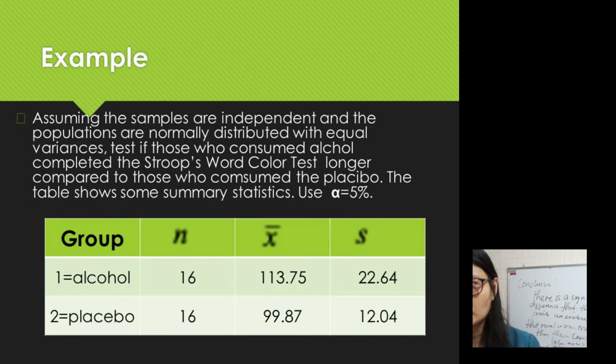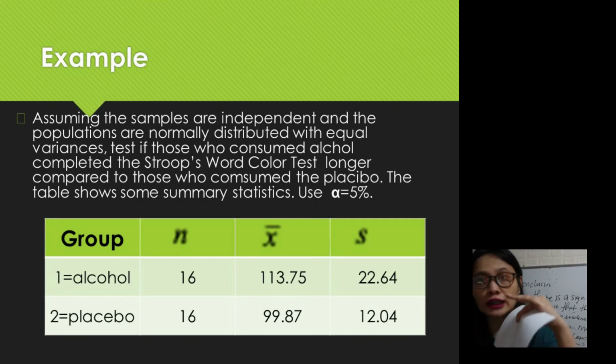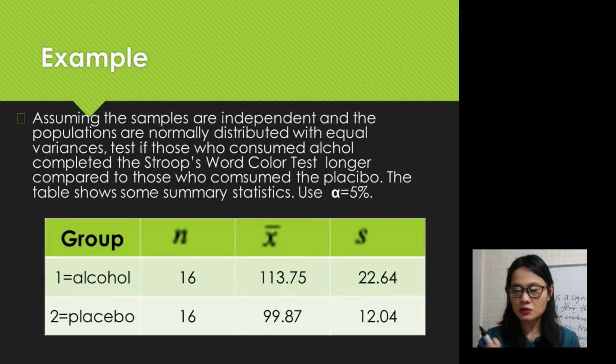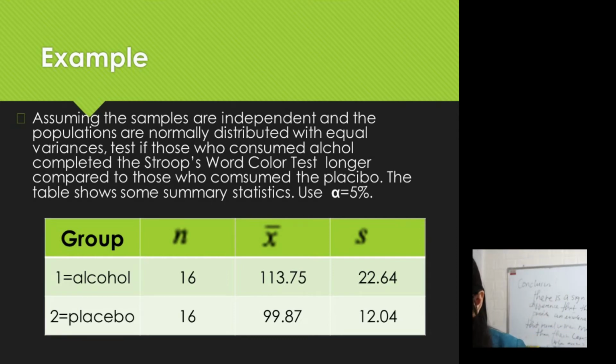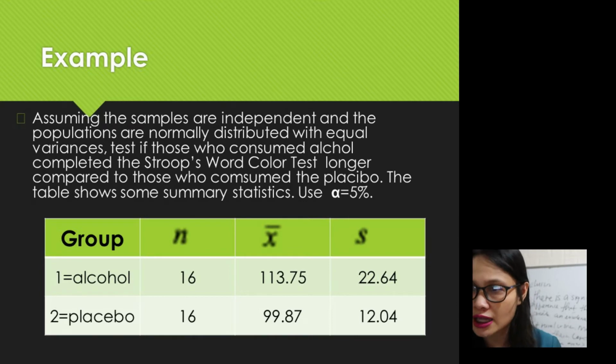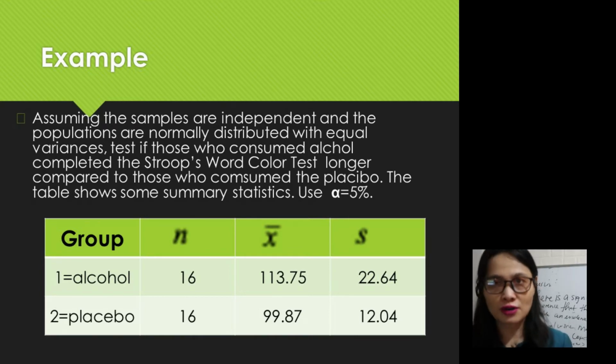If you have noticed, the sample size is 16, which is lower than 30, so we will be using the t value. The question is, what particular condition under the t value will we be using? Going back to the problem, it says the populations are normally distributed with equal variances.